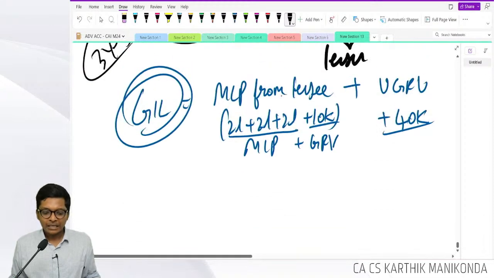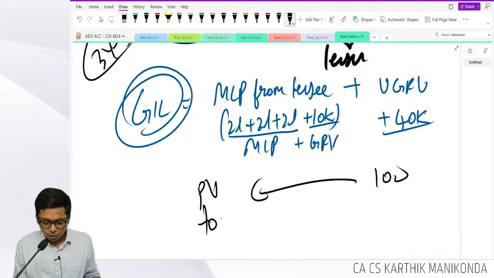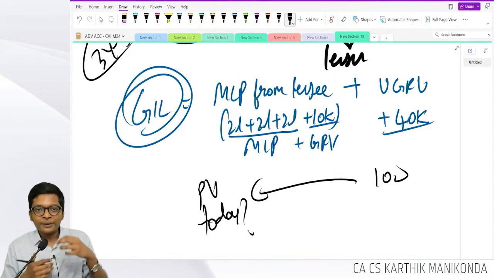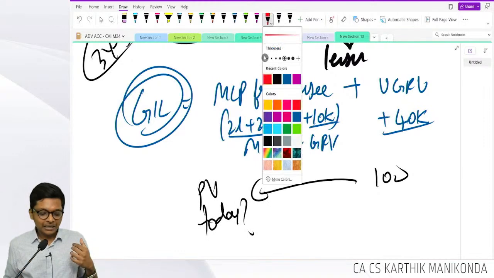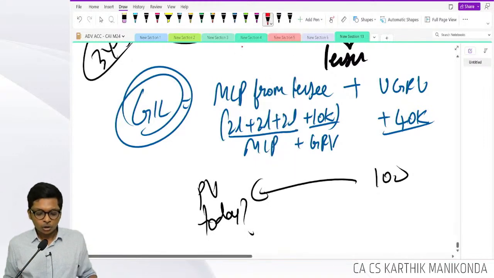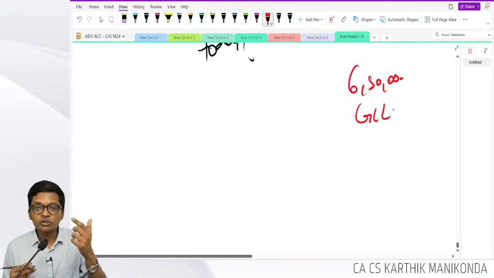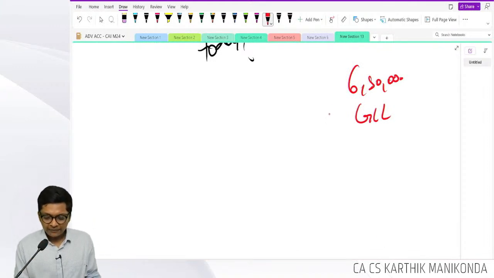If I am getting 100 rupees after 3 years, what is the present value today? You know this concept, time value of money. Getting 100 rupees after 3 years is not equal to getting 100 rupees today. So I am getting the 6 lakh 50,000 gross investment in lease in the future. What is the value of that today? So I will find present value of gross investment in lease.